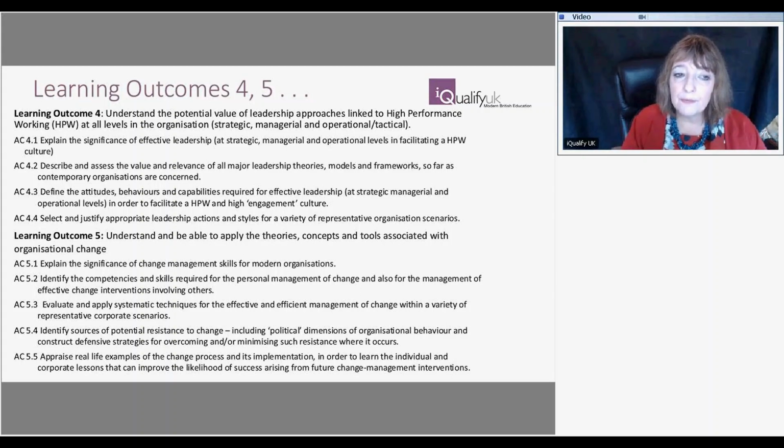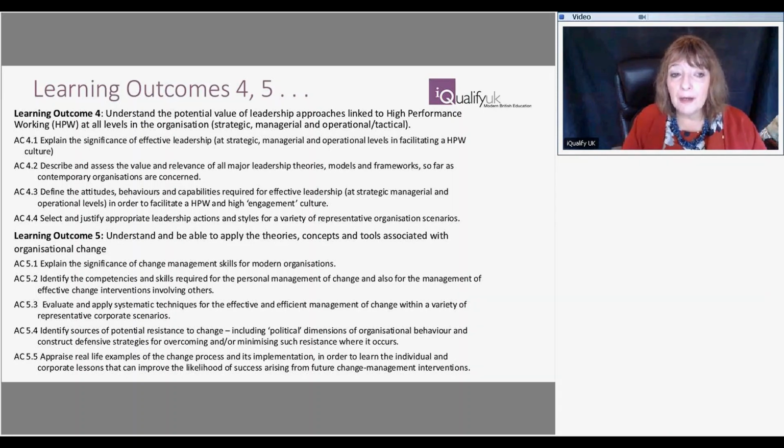And then 4.4, select and justify appropriate leadership actions and styles for a variety of representative organisation scenarios. So learning outcome 4, it's in truth all about leadership and a little bit of performance management.